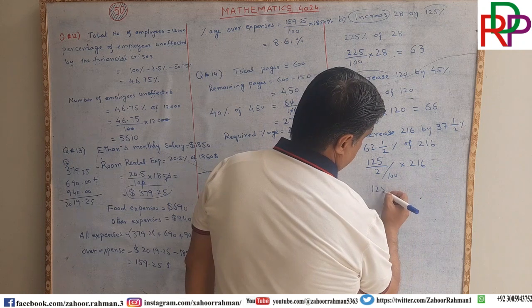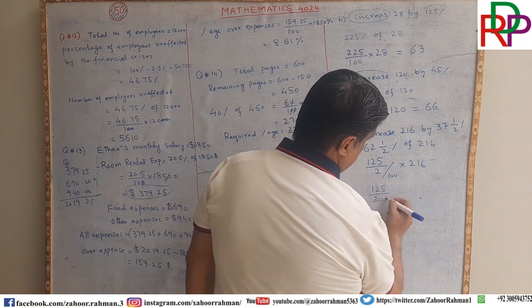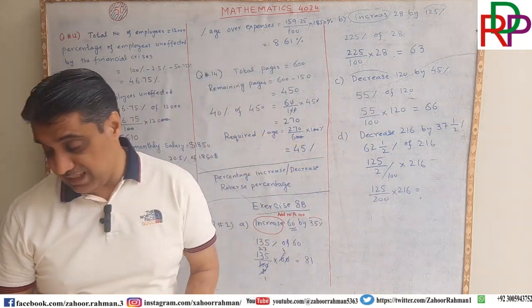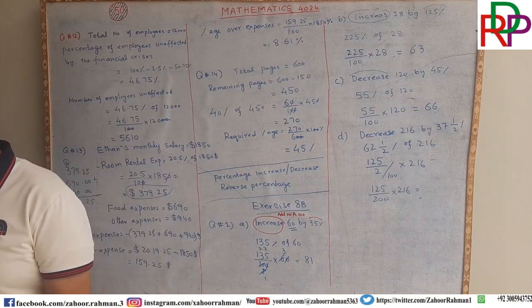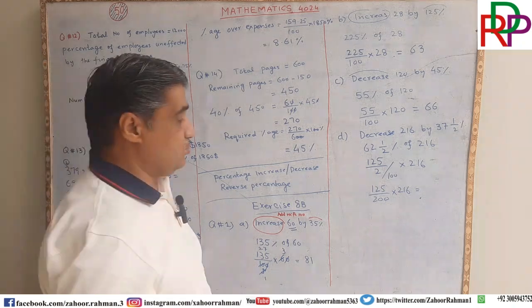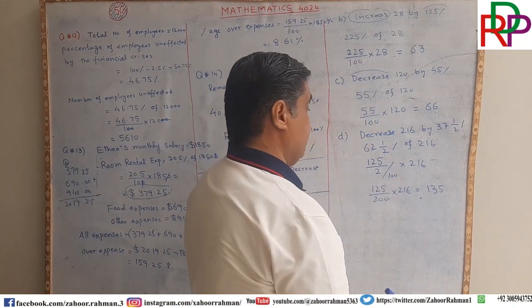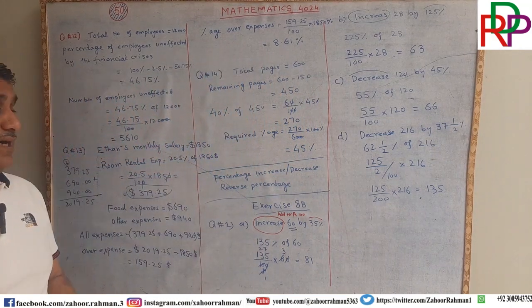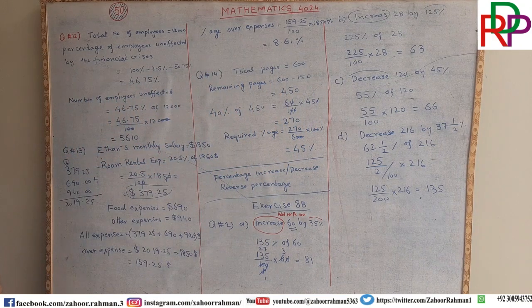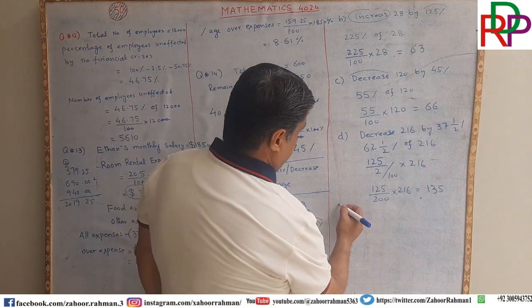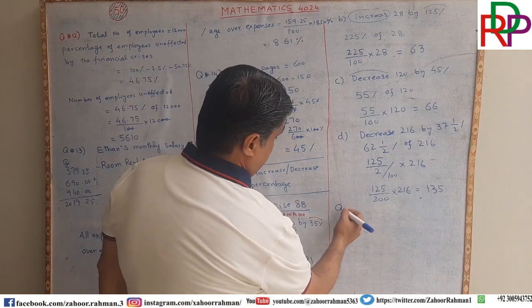So 125 divided by 200 times 216, and the result we are getting is 135. So 135, when we are decreasing it by 37 and a half percent, we will get this. So now we are going to do question number 2.